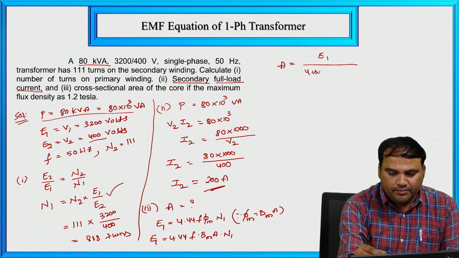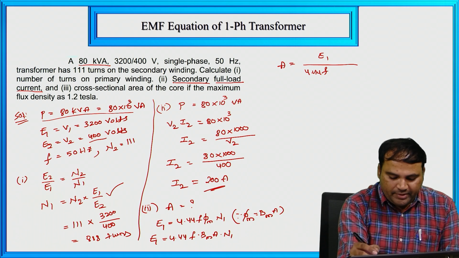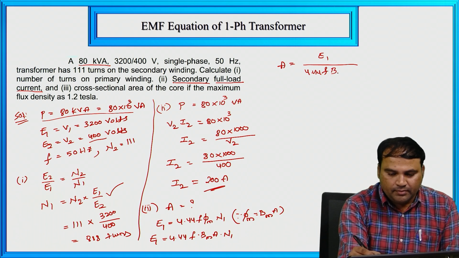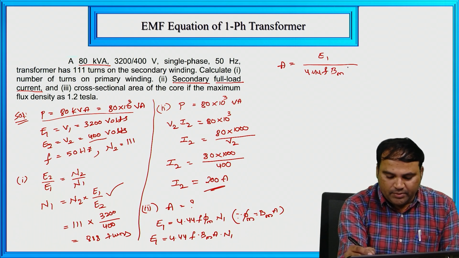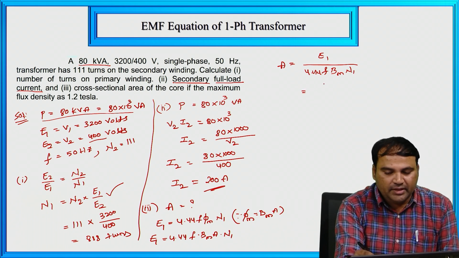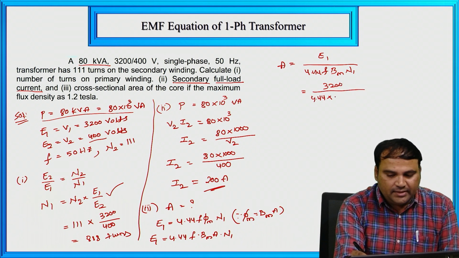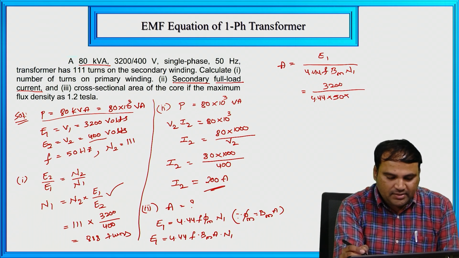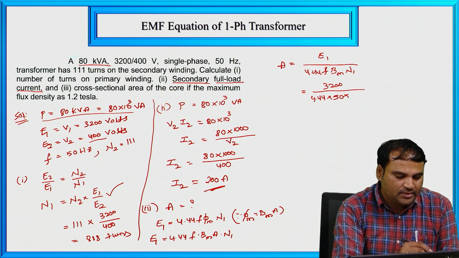4.44 F into B max into N1. So what is E1? 3200 divided by 4.44 into frequency 50 into maximum flux density B max.